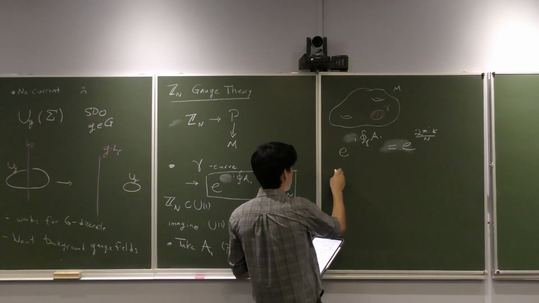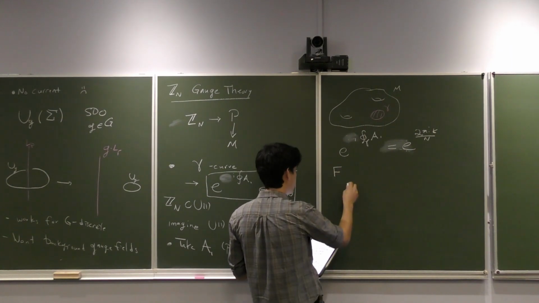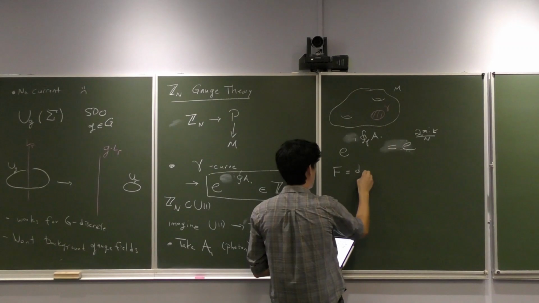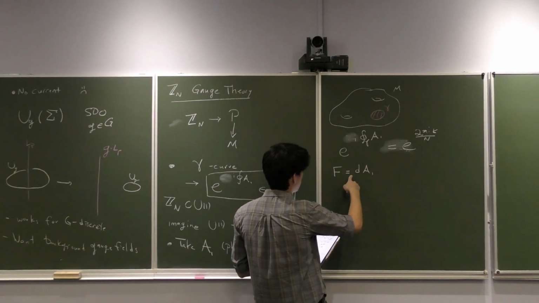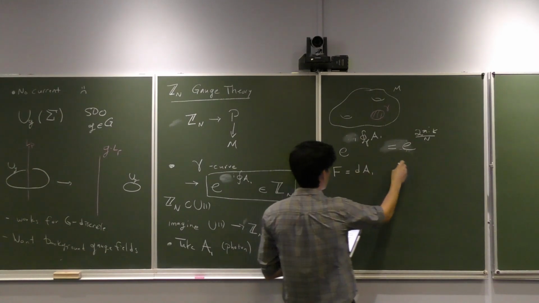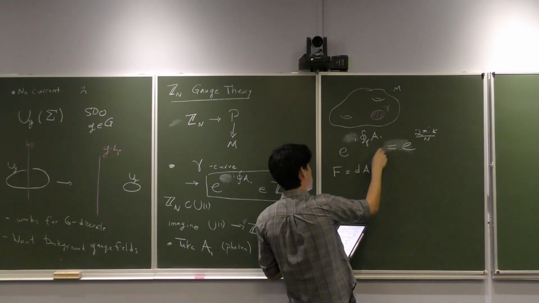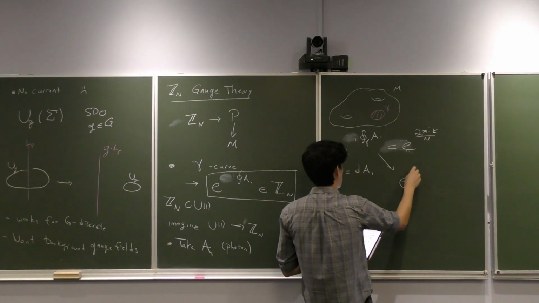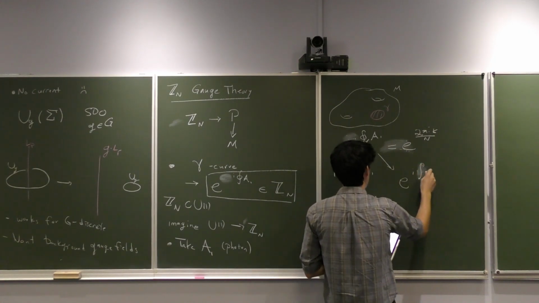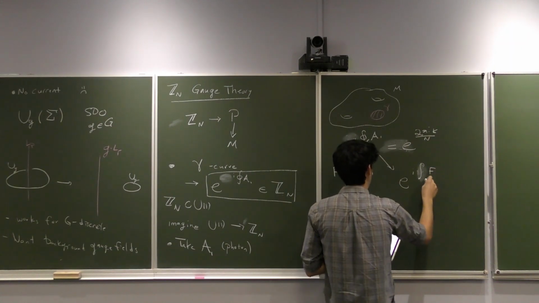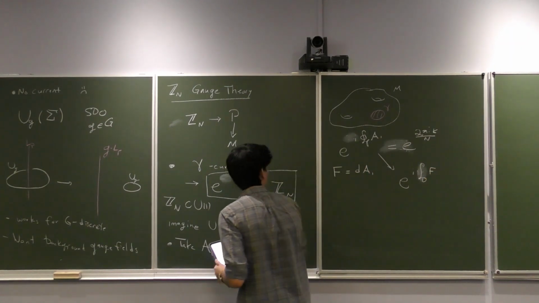Now we can use the fact that for a U1 gauge field, the field strength is dA1. And now using Stokes' theorem, we can relate this integral here. It's the same thing as the integral, no longer closed, of the field strength over this disk.